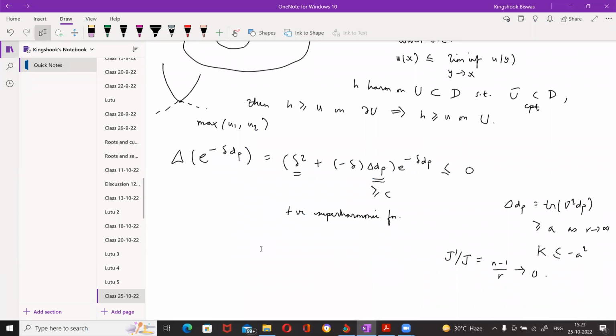That implies the volume growth is polynomial. And then there are theorems. I think Rudrada, you would know about this, right? Lee and Yao, that if the volume growth is polynomial, the space of harmonic functions is finite dimensional, with dimension bounded by a constant times the polynomial volume growth. There are several papers on this line.